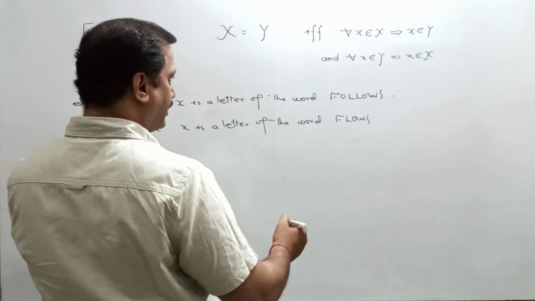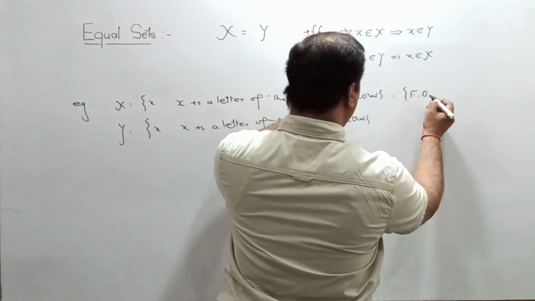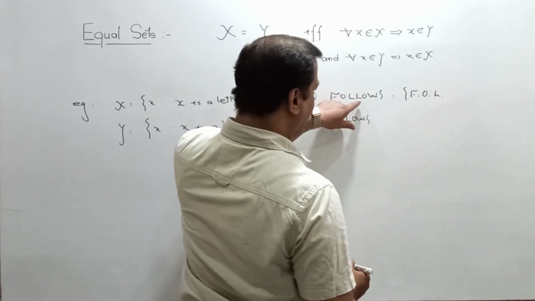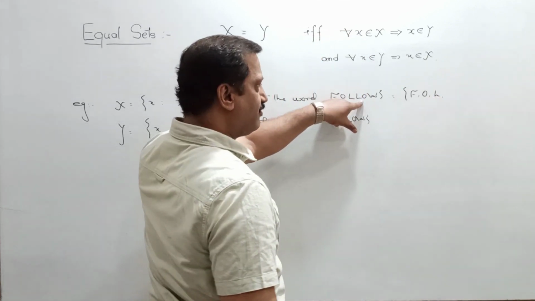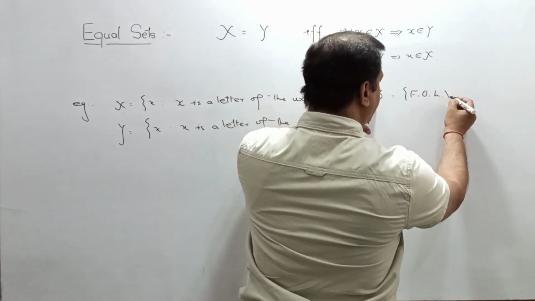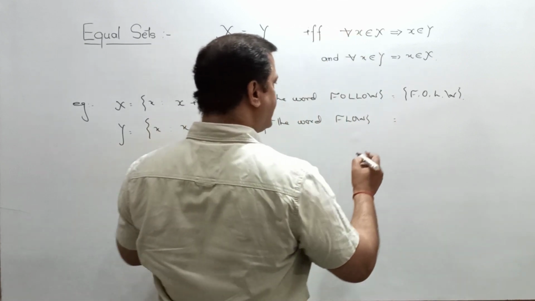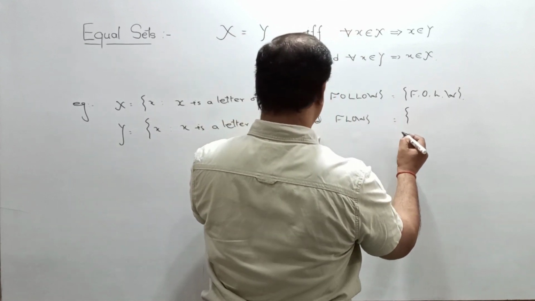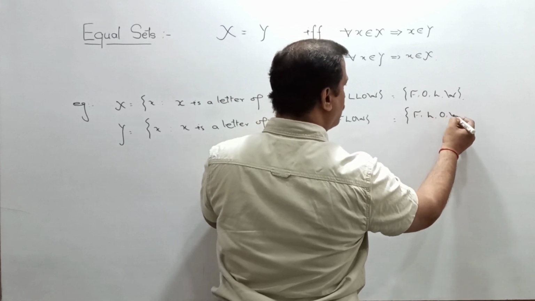Then X contains F, O, L, W. सेकेंड एल लिखने की जरूरत नहीं है, एलिमेंट रिपीट करने से कोई फर्क नहीं पड़ता है। O भी रिपीटेड है, and set Y is F, L, O, W.